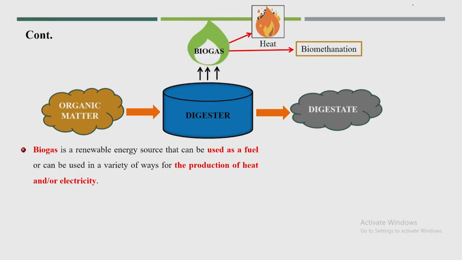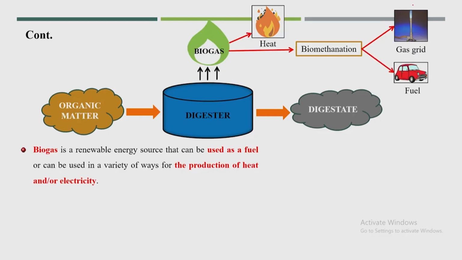Directly we can use it for heat production and cooking through the biomethanation process. Biomethanation means the separation of carbon dioxide from the biogas, and then this gas we can put directly into the gas grid.